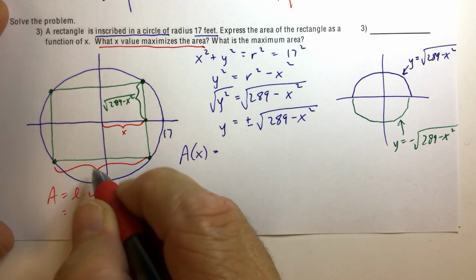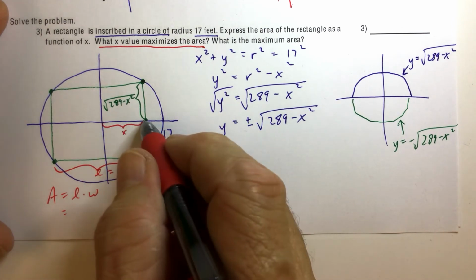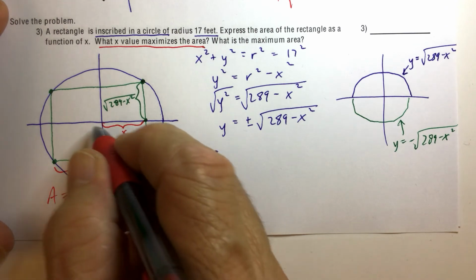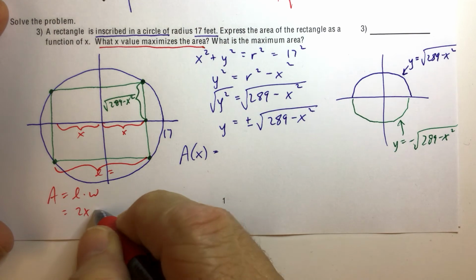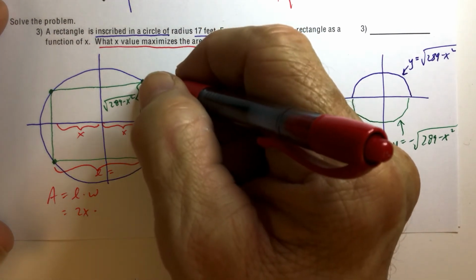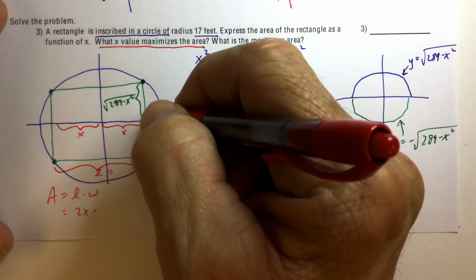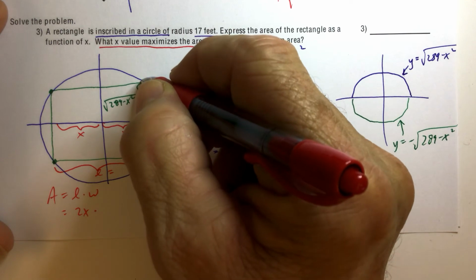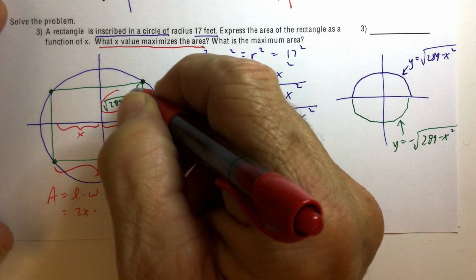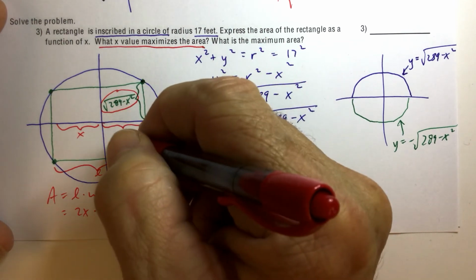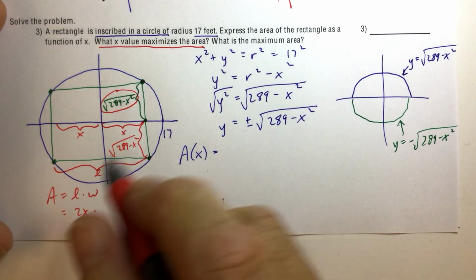What's the length? Half of the length is x, therefore the full length would be 2x, times the width. We talked about the distance from the x-axis to the top right corner, which depends on x, and it is radical 289 minus x squared.